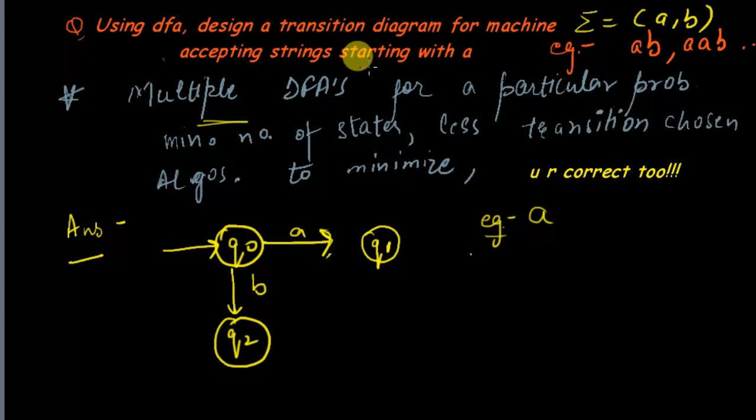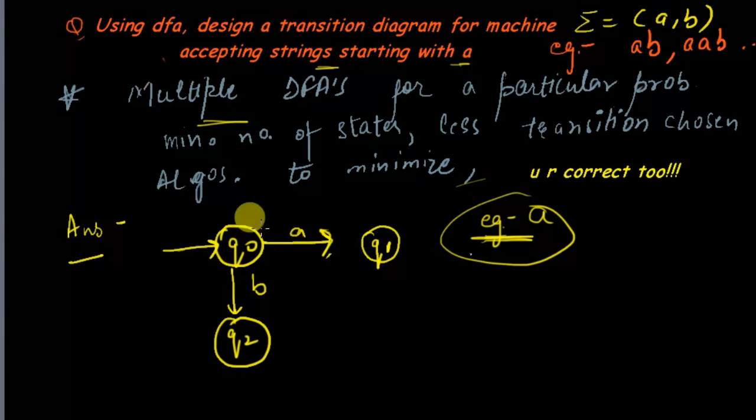Now, coming back to this problem, we have to make a machine which can accept a string starting with A. So this is the initial state. It is represented by an arrow which is not coming from any other state. And then let's consider a string A. Then it should be accepted by the machine.